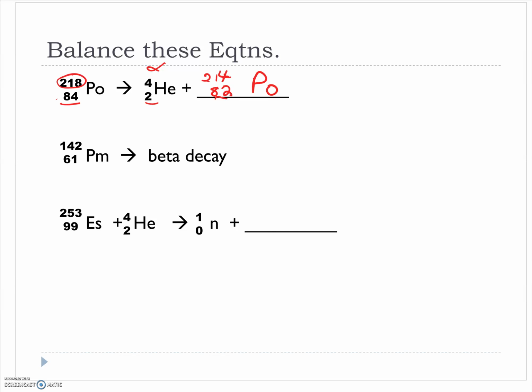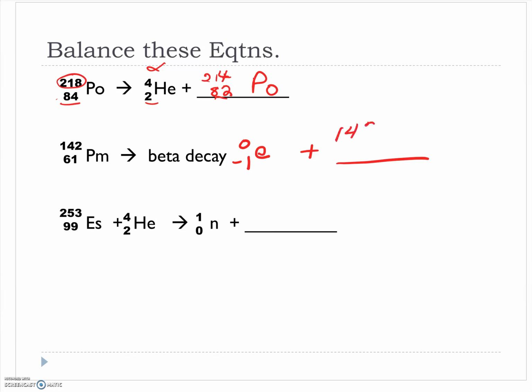Okay, we're going to take Pm, which is promethium, through a beta decay. And remember, a beta decay is nothing more than an electron, no mass, and a negative 1 charge. So over here I have 142.